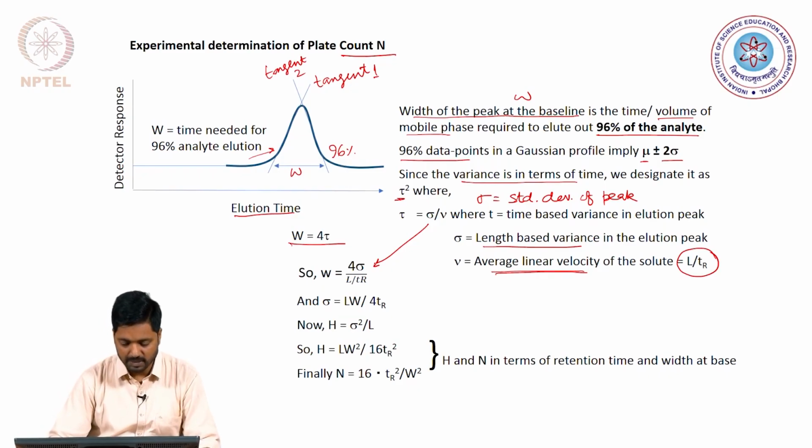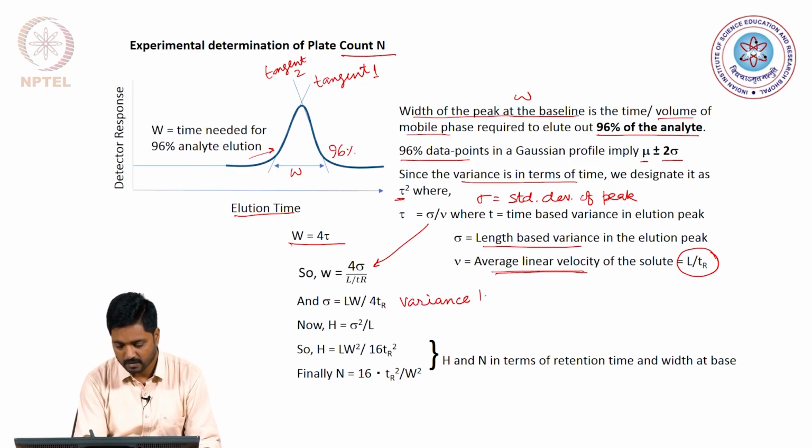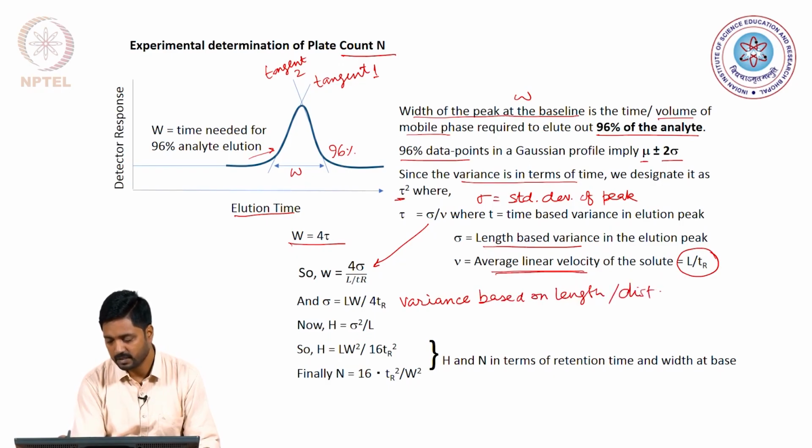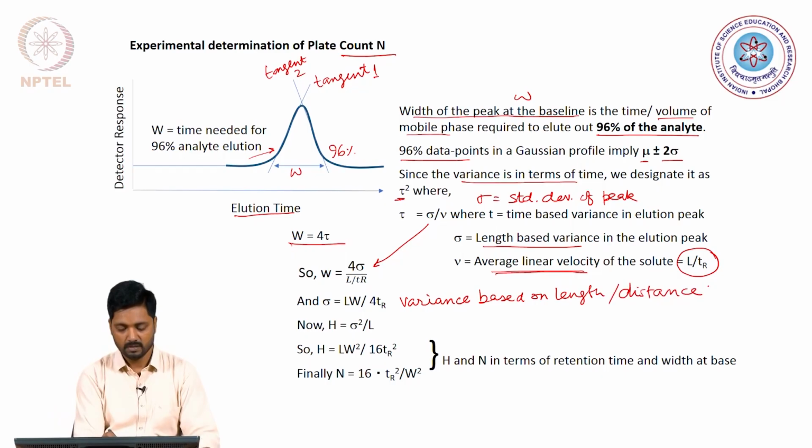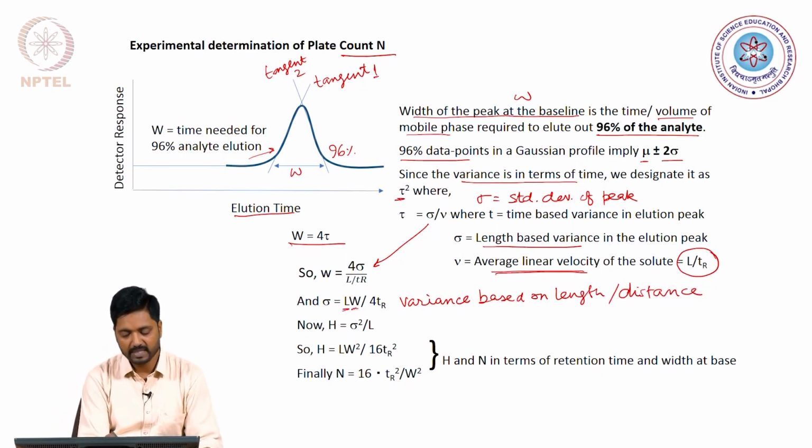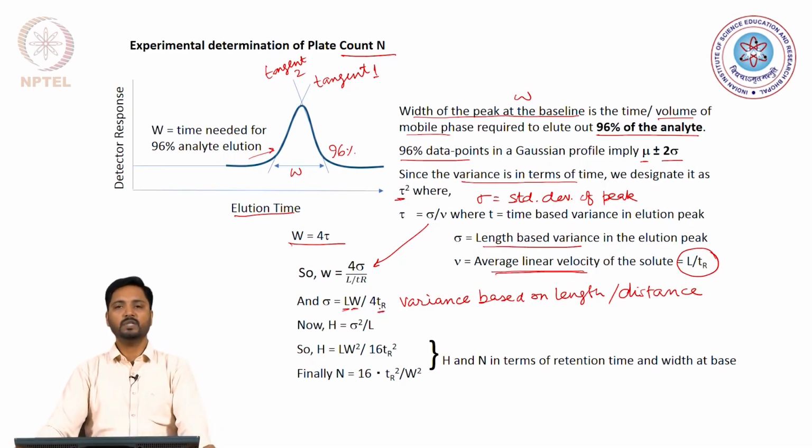We also know that now we can describe the variance based on length or distance in terms of the length of the column, the width at the baseline, and the retention time. All of these 3 parameters are very straightforwardly available from a chromatogram.